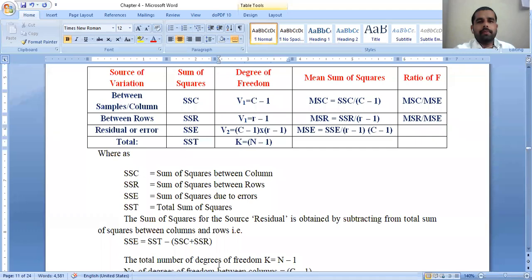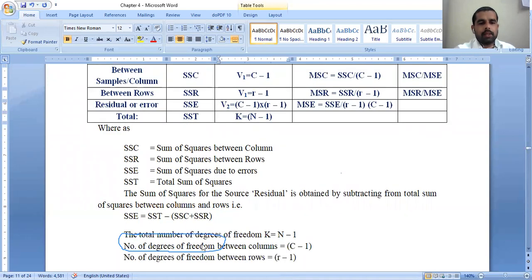This is very important for us. Observe carefully: SSE is equal to SST minus SSC plus SSR. This is very important here.